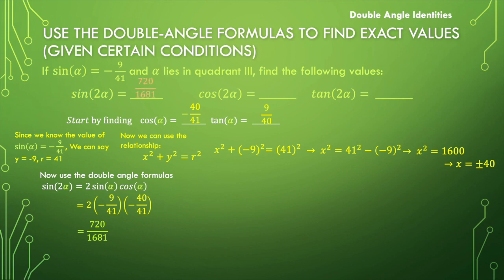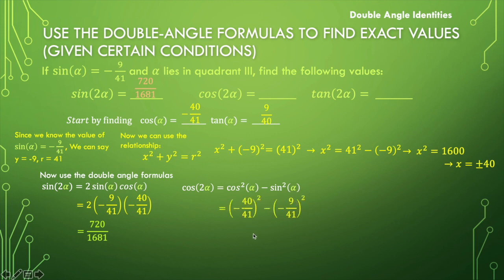Let's try cosine of 2 alpha. Let's go ahead and use our preferred cosine of a double angle formula, cosine squared of alpha minus sine squared of alpha. Our cosine we know to be negative 40 over 41. We're going to square that right here. And then from that, we're going to subtract the sine of alpha, negative 9 over 41, and we're going to square that right here.